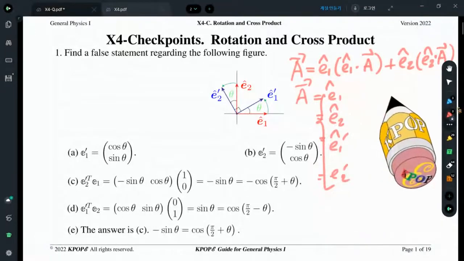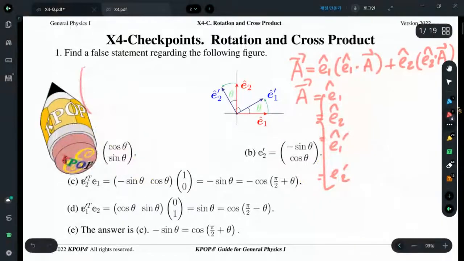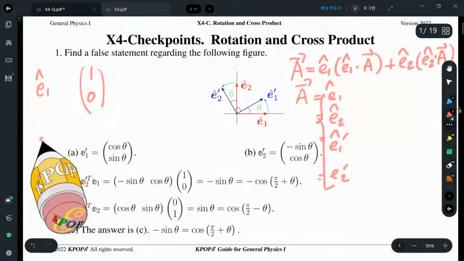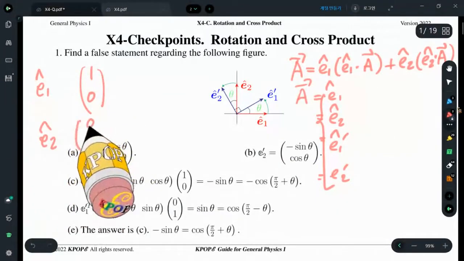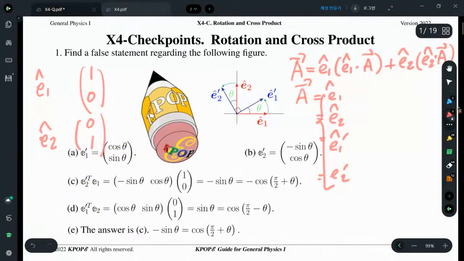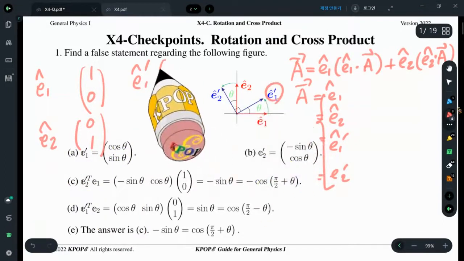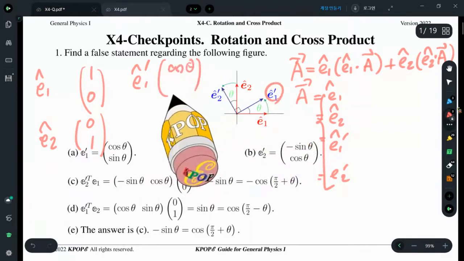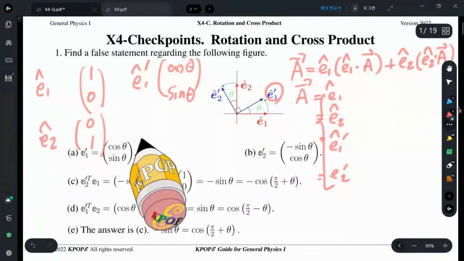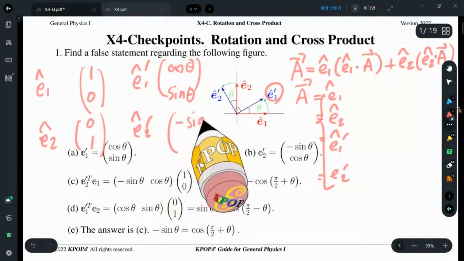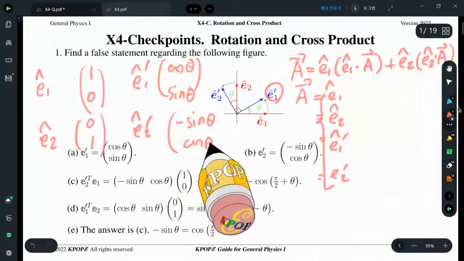If it is the case, the component E1 hat is 1, 0, E2 hat is 0, 1, and the E1 prime is here. There's a cosine, sine, and the E2 prime, that is a minus sine, cosine. Understood?